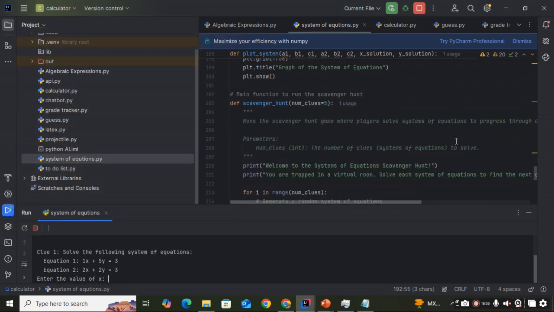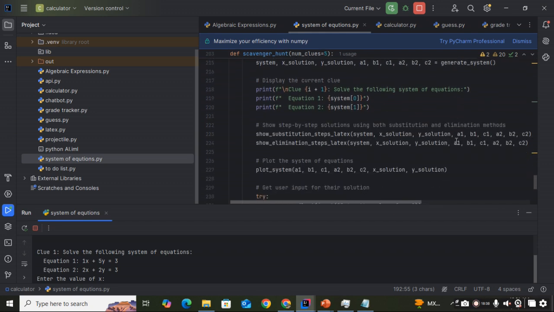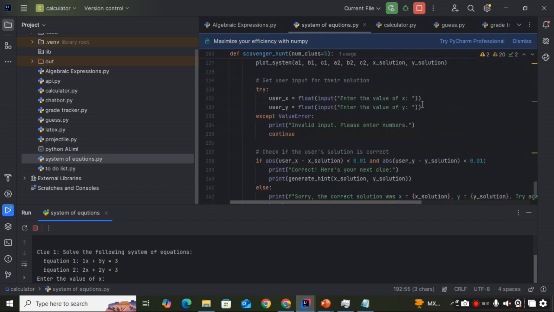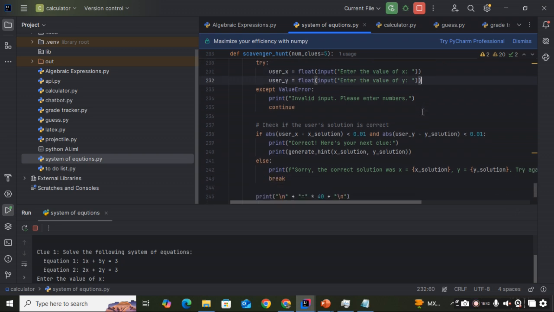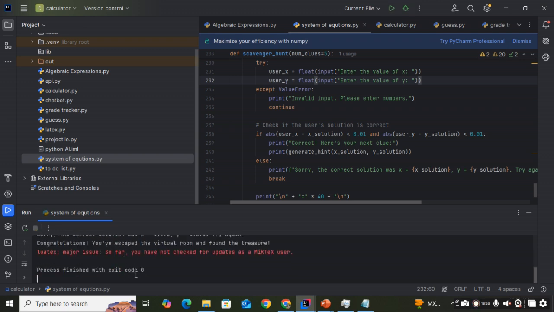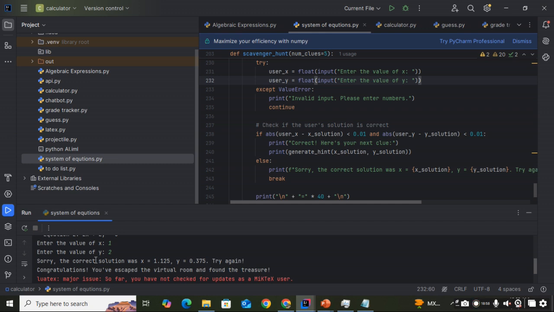If you close it, now is the time for us to enter the value of x and the value of y. Assuming we have not made the correct solution, let's try to have a random solution, say for example 1 and 2. He will say the solution was 1 and 0.3, as we have seen in the previous solutions.